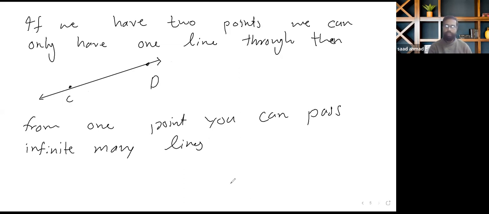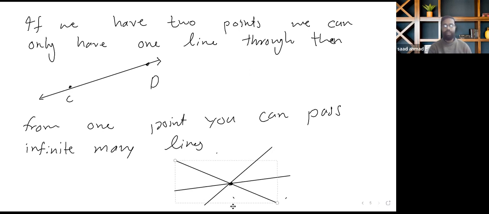Let's say I have a point here like this. I can pass as many lines from it as I want. Like here, another line, I have another line there, and so many other lines. You cannot count them. You can have infinitely many lines that can pass through one point.